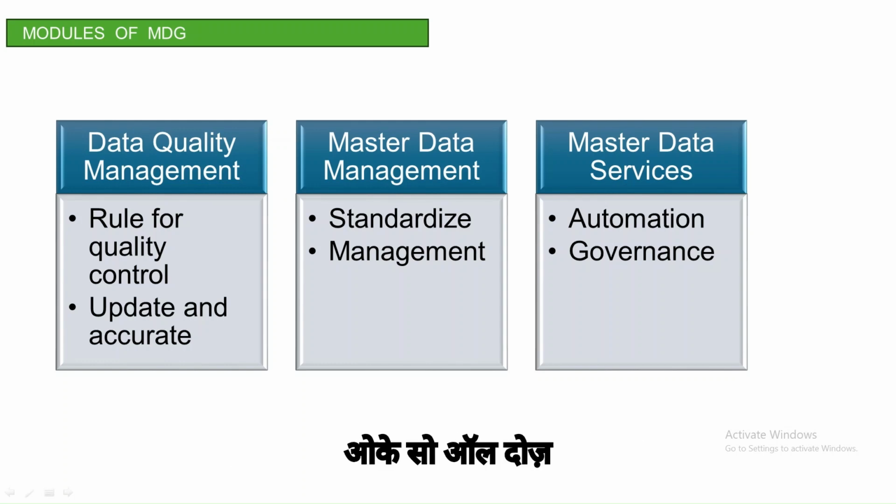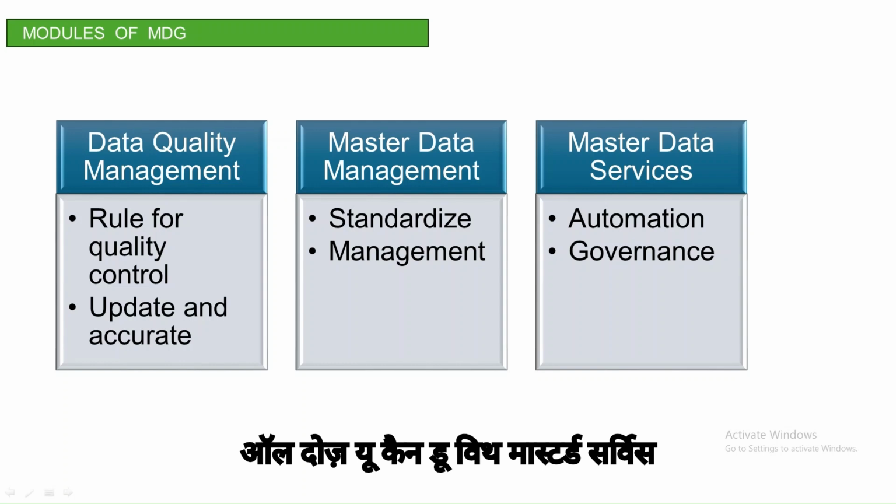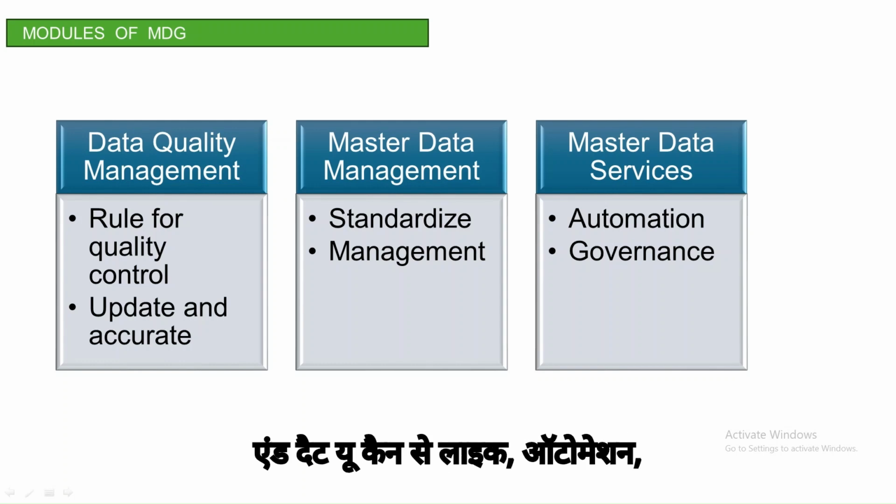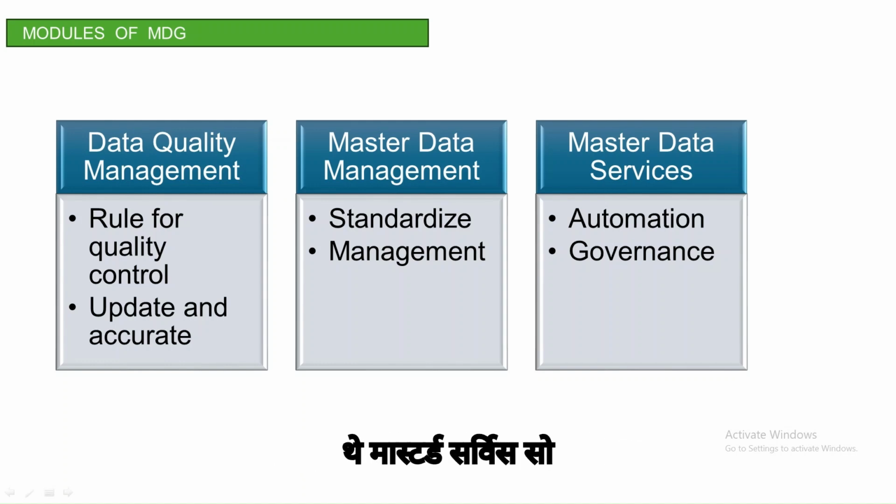All those you can do with master data service, and that is like automation and governance. So all these things come under the master data service. So these are the three areas or three modules under the master data governance.